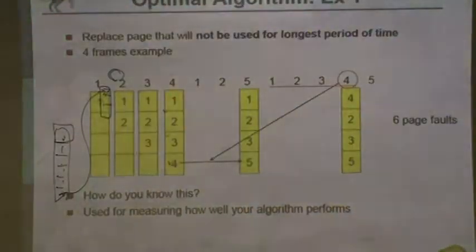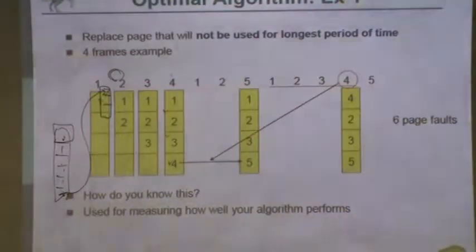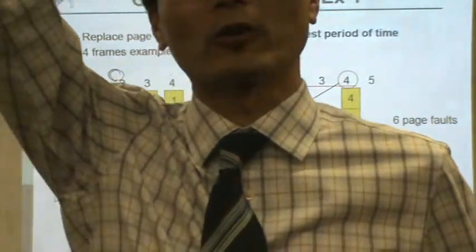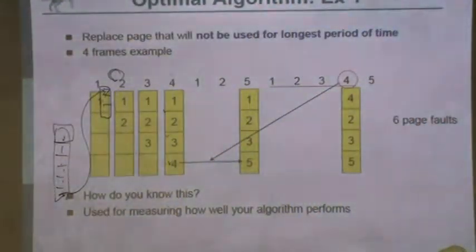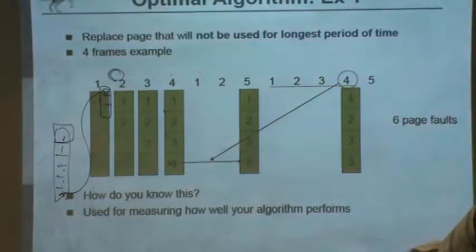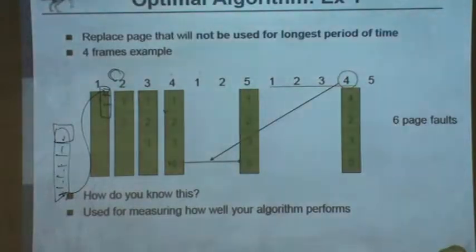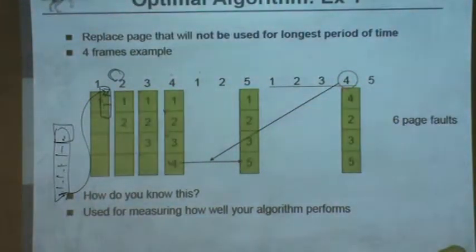Okay, next algorithm. What is our goal of page replacement? Fewer page faults or more page faults? Fewer page faults. How can we make the page replacement cause fewer page faults? We had better replace the page which will not be used for the longest time in the future, right?